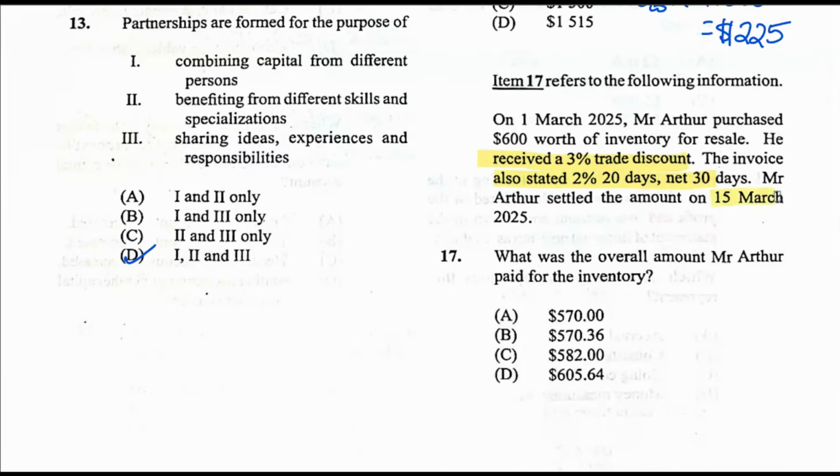And guys, let's see what it says. Now you all know a trade discount is normally given for bulk purchases, and that trade discount is not recorded anywhere in your books. So basically the amount on the invoice that Mr. Arthur would have received would be $600 less 3% discount. So let's work it out.